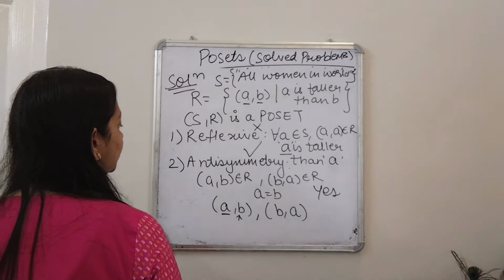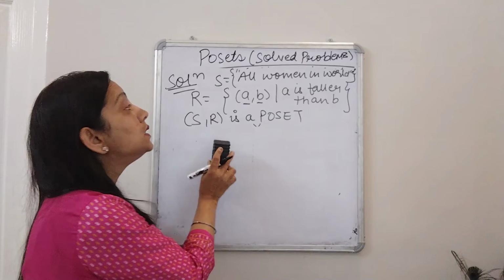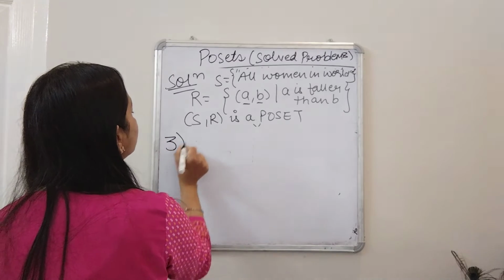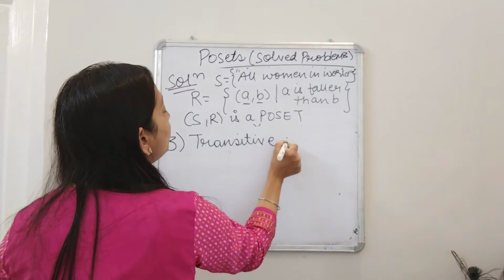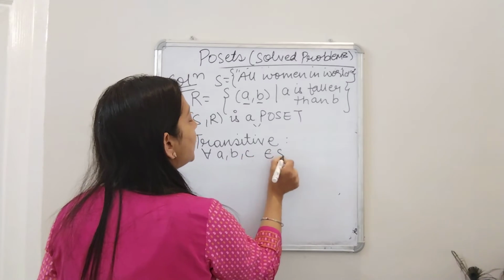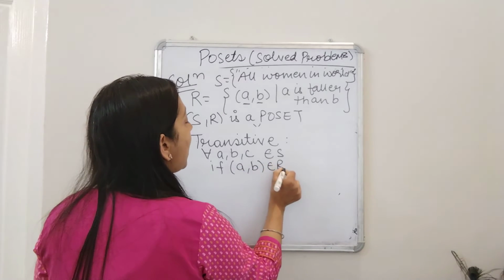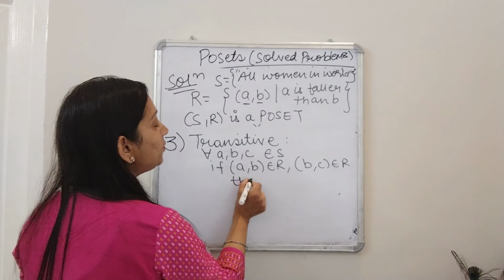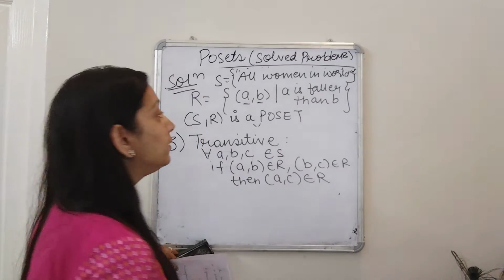Okay, then transitivity. The last criteria is transitivity. So by now we know that this relation is not reflexive, but it is antisymmetric. Now let us check for the third condition, which is transitivity. Now to be transitive, for all A, B, C that belong to set S, if the ordered pair AB belongs to the set R and the ordered pair BC belongs to the set R, then AC must also belong to the set R. Now let us see if this is possible or not.